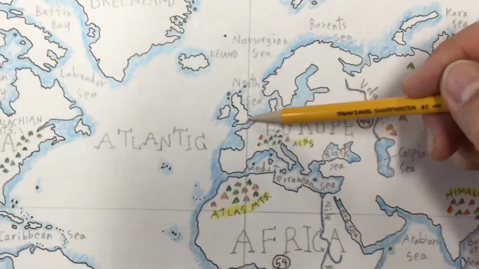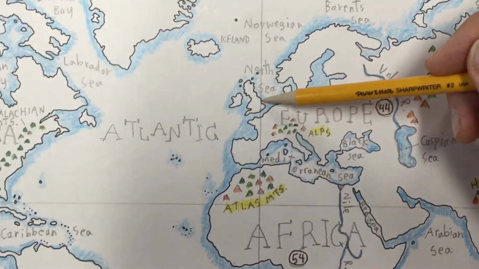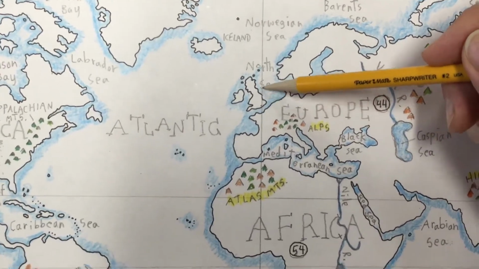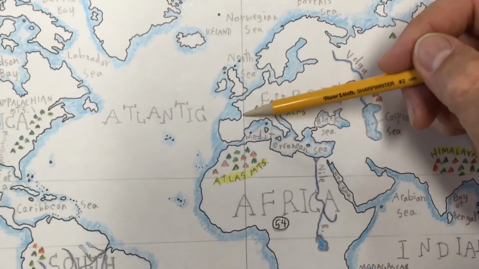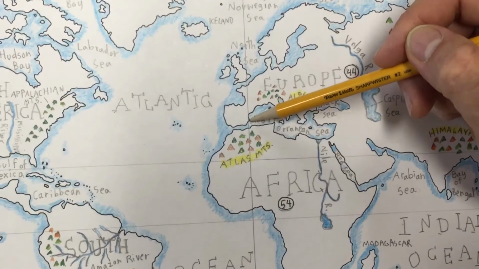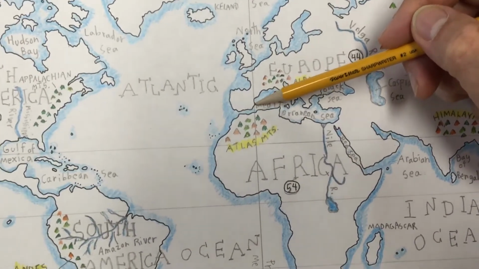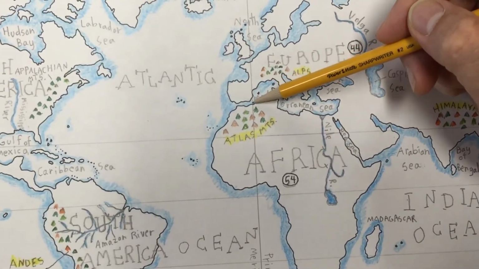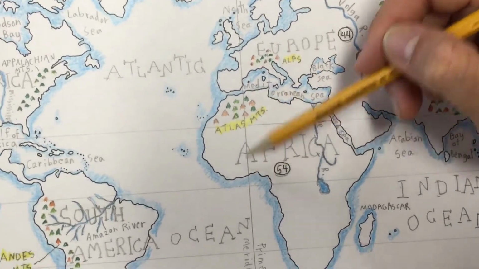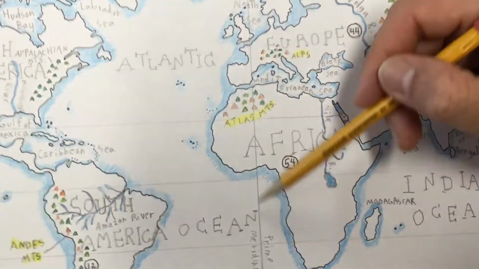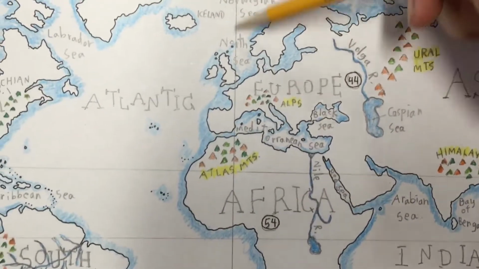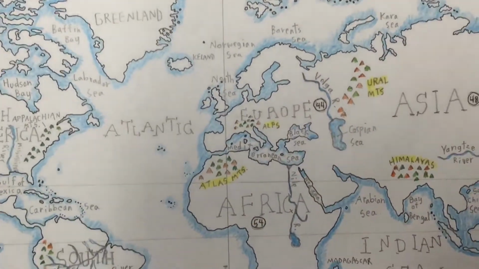So it goes right through that little part of the UK right there, and then it goes up right off the coast there, and then straight down. So if you mark those points, you should be able to draw your line pretty easily.